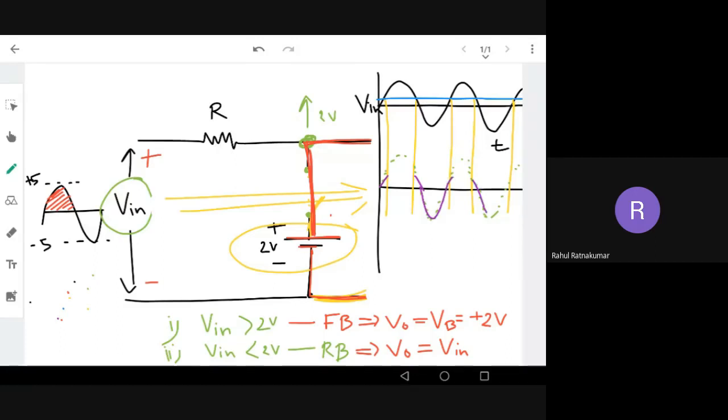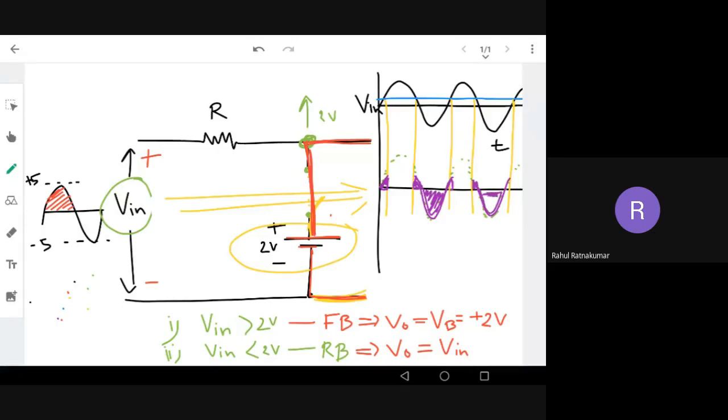Again this comes here to here, V in equal to V out. Okay, so we have marked all those areas where V in is less than 2 volt. And what is the output? Output V out is nothing but V in. So the waveform is just the same thing. Okay, so I have just drawn this right now.